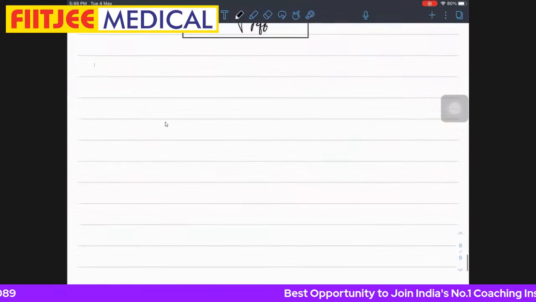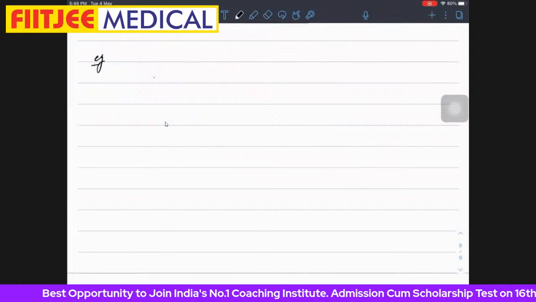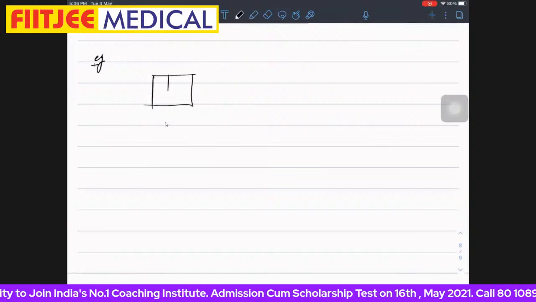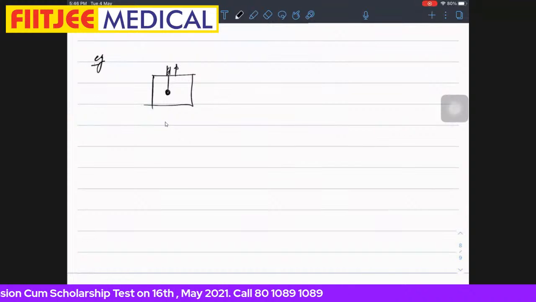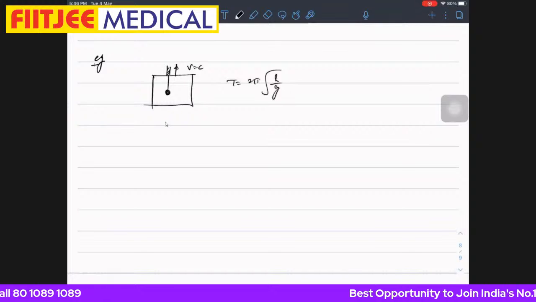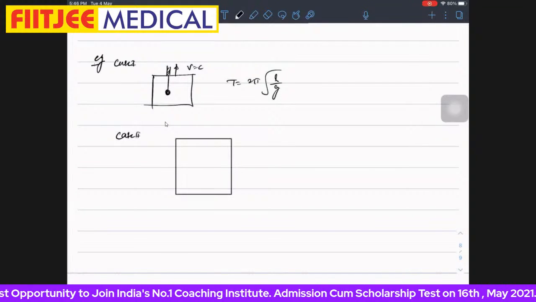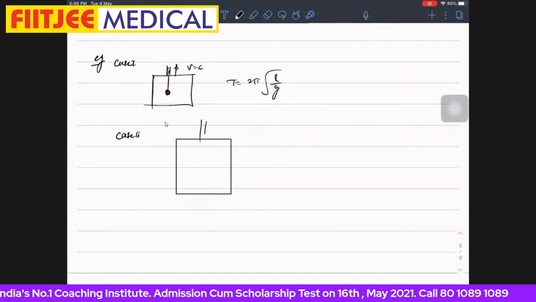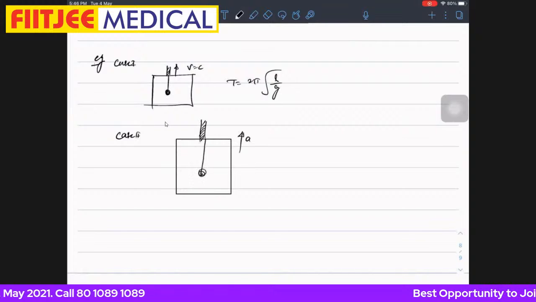Let's take a few examples. Suppose a lift is there, inside it a ball is hanging, and this lift is going up. If this is a simple pendulum moving with a constant velocity, in this case the time period will be 2 pi root under L by g. Case 2: suppose there is a lift, but now it is going up with acceleration a, and a mass is hanging here.